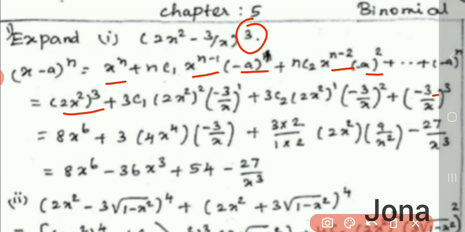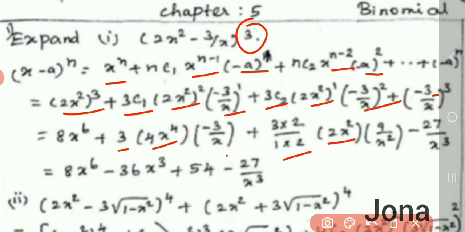Okay, let me simplify the problem now. Here we have to cube this one, so we get 8x⁶ plus 3C1 is 3, and here we want to square this, so 4x⁴ into minus 3/x, plus 3C2 is 3 into 2 divided by 1 into 2. Here (2x²)¹ is nothing but 2x².